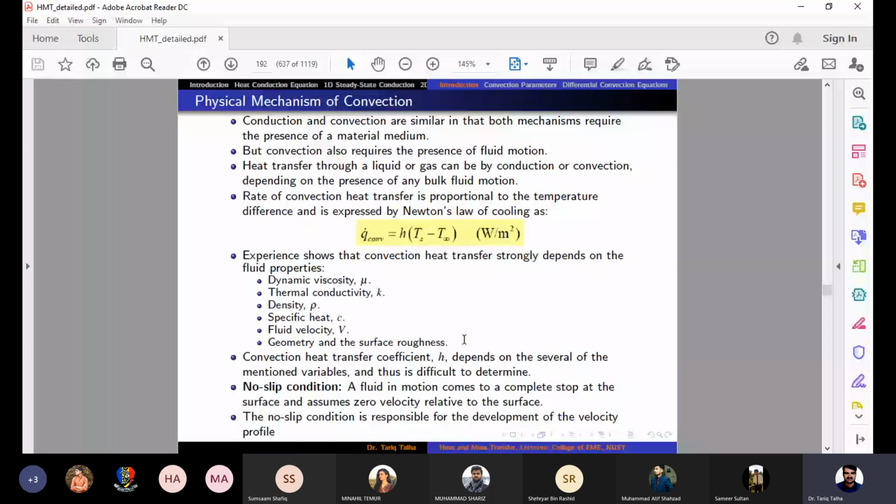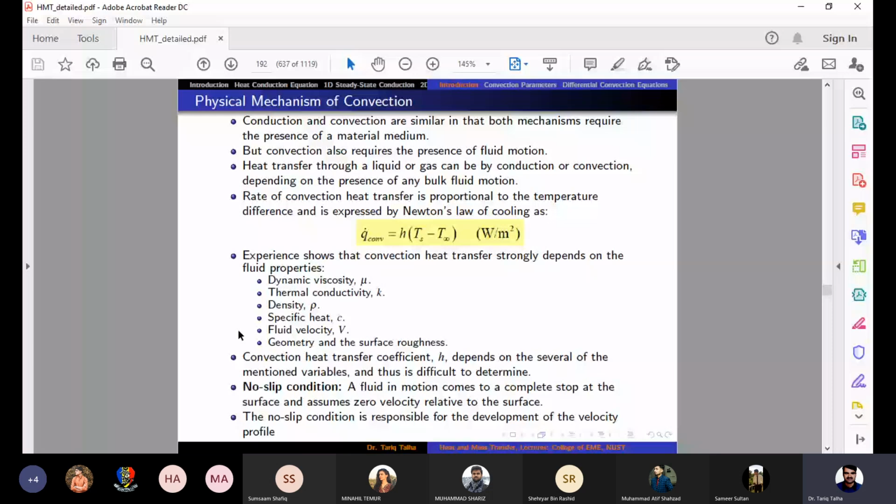So we need to cater for different things. H cannot be tabulated in a table for any given fluid, because it depends upon the velocity as well as the nature of the flow. So we need to solve some equations for that.